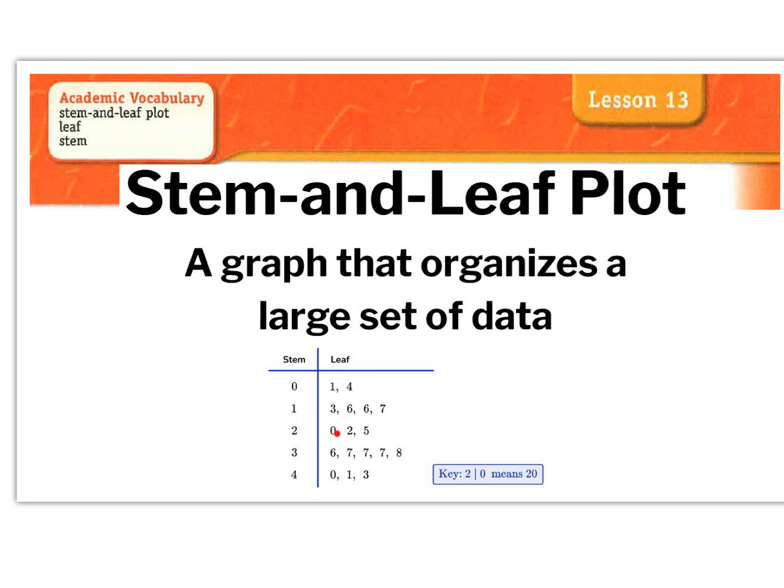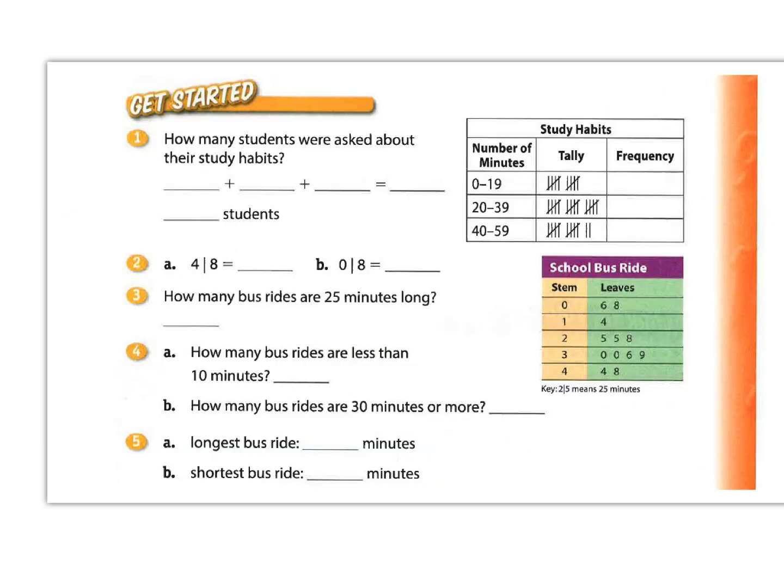So 2, 0 means 20. If you were doing 2, 2, that means 22. 2, 5 is 25. So all of these numbers are represented on the stem and leaf plot.